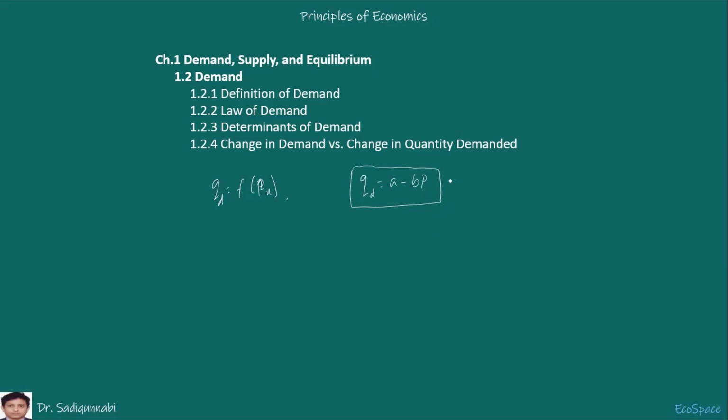Now suppose we set A equals 8 and B equals 1. So our equation becomes QD is 8 minus P, right?